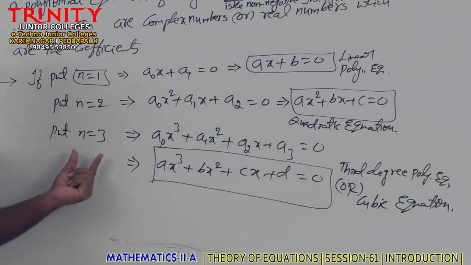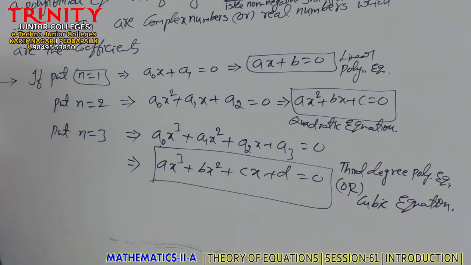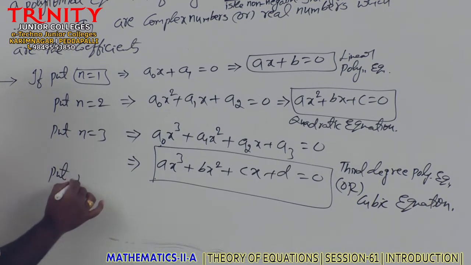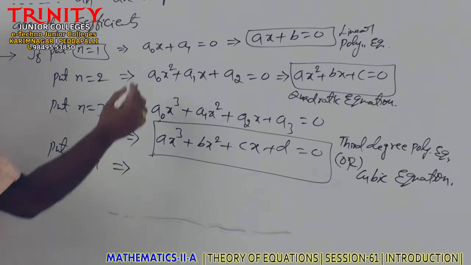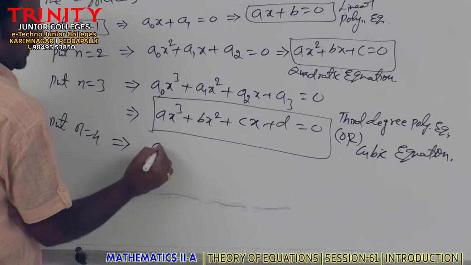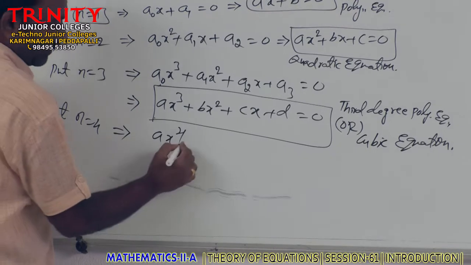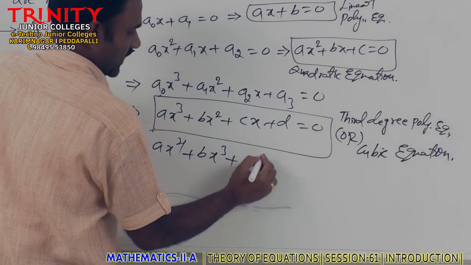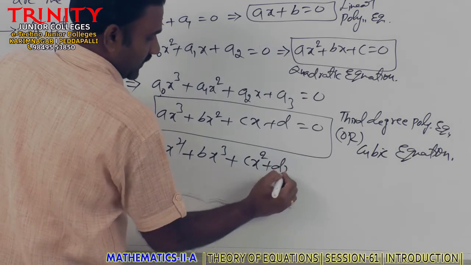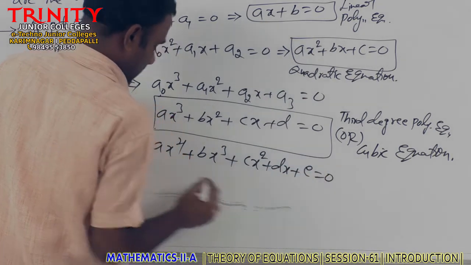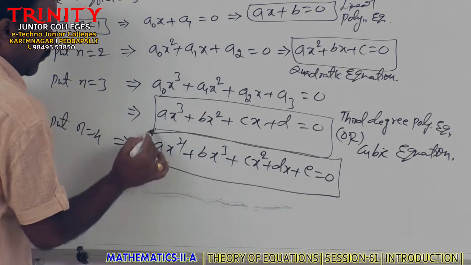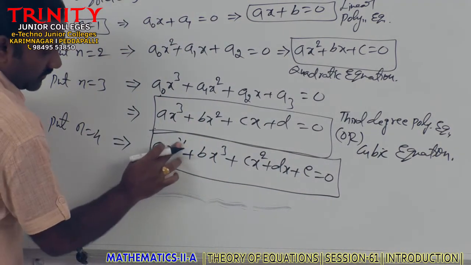Like that, if you take n is equal to 4, we'll get a biquadratic equation. If you put n is equal to 4, we'll get the equation I am writing directly: ax to the power of 4 plus bx cube plus cx square plus dx plus e equal to 0 is called a fourth degree polynomial.